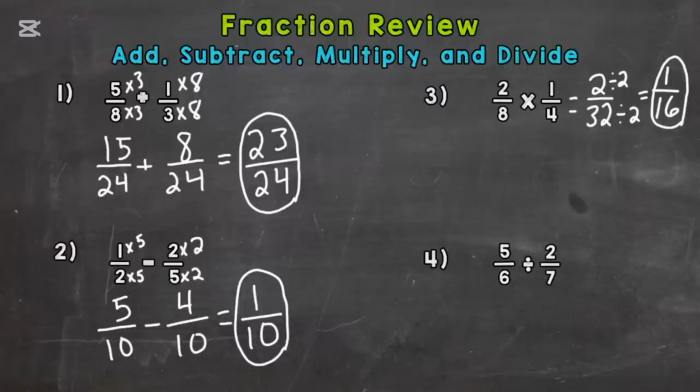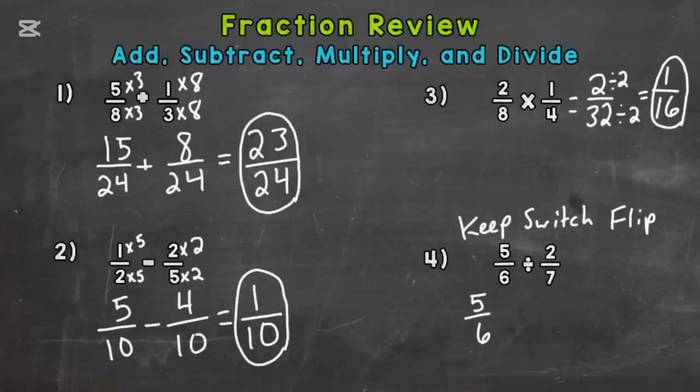Number 4, 5/6 divided by 2/7. Now for dividing fractions, we keep, switch, and flip. So whatever our first fraction is, we always keep it.